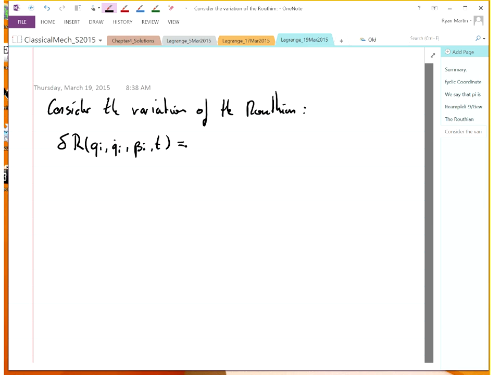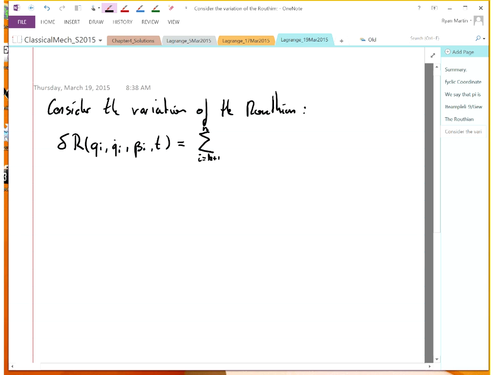I apply the chain rule, right? So I have to do how does R depend on q_i, how does R depend on q_i dot, etc. So if I apply the chain rule, I'm going to have terms with delta q_i's, delta q_i dots, delta beta_i's. So let's start with the delta q_i terms. So for the q_i's, i goes from k plus 1 to n.